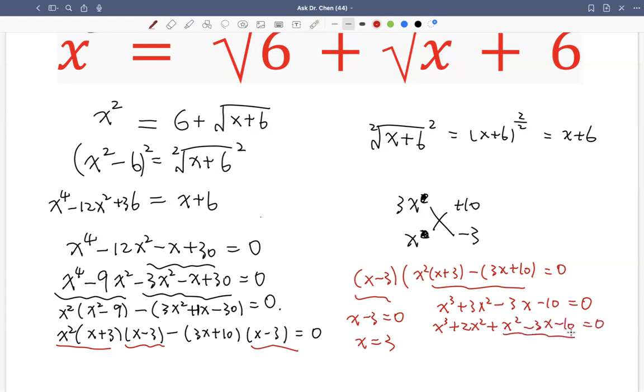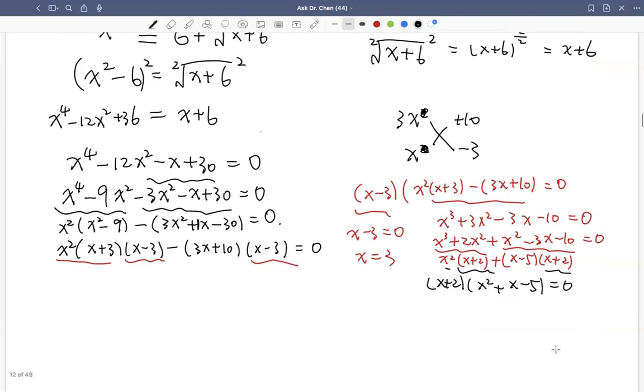This one we can factor as x minus 5 times x plus 2, and this one x squared times x plus 2. So we have manufactured another common factor of the two groups, which is x plus 2. So we factor out x plus 2. The first term is left with x squared, the second term left with x, then minus 5.